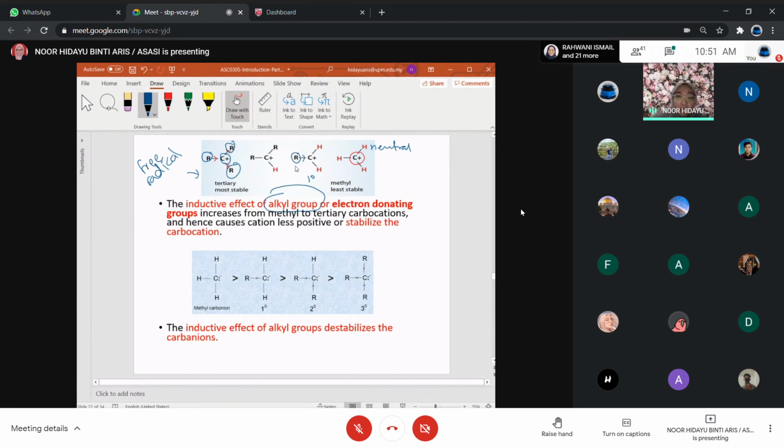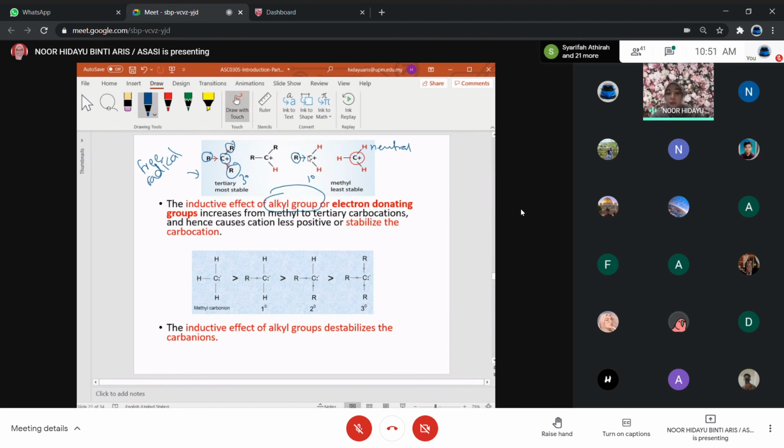Mana yang lagi stable? 3. 3 alkyl group. So function alkyl group ni adalah electron donating. So dia akan donate electron towards this carbocation. Okay, that's why tertiary carbocation is more stable compared to secondary, primary and methyl.